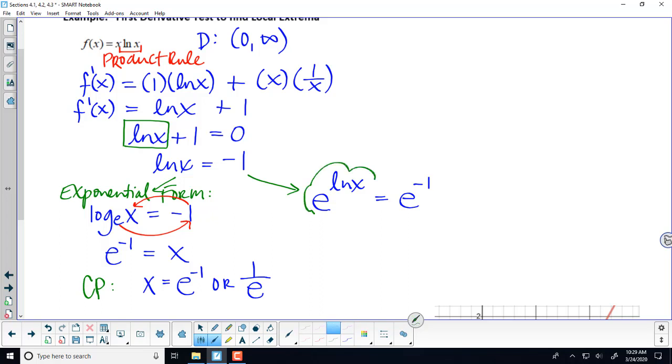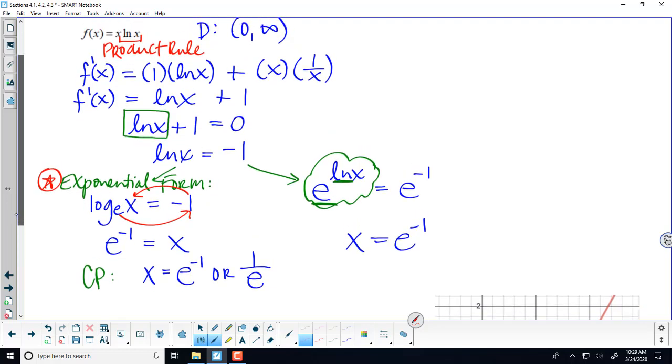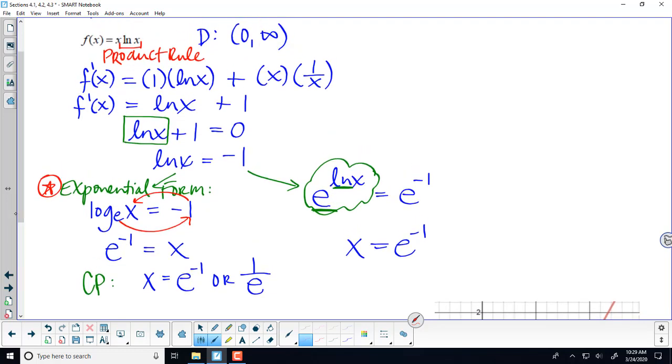And this is one of our inverse properties. Because the base on natural log and the base on the exponential function are the same, this becomes x equals e to the -1. Doesn't matter to me which one you use. I typically use this method myself. So now we have our critical value, which 1 divided by e we know is a positive number, so it is a critical point in our domain.